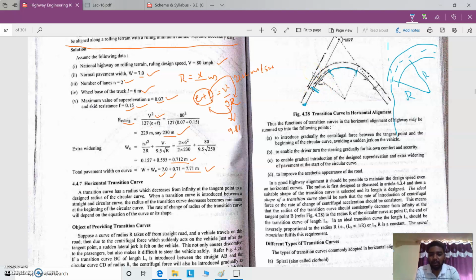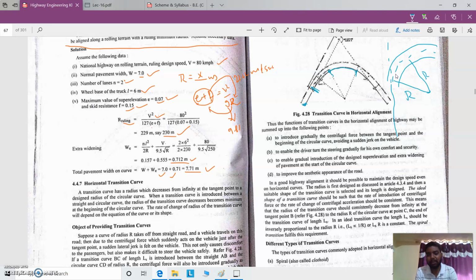It also enables the driver to turn the steering gradually, for his own comfort and security, so that whenever the driver enters into this curve, he is not required to turn the vehicle suddenly. You might have felt this in the ghat sections, where the driver needs to turn the steering suddenly.